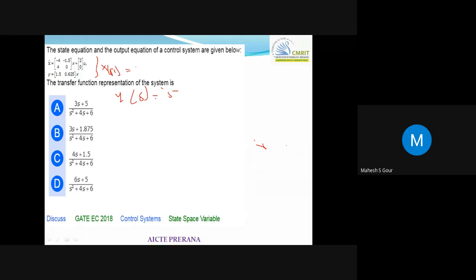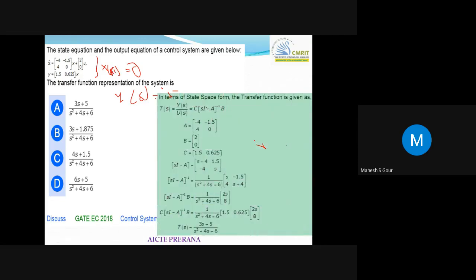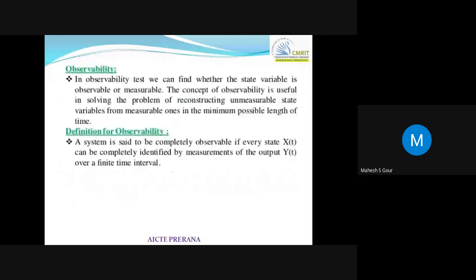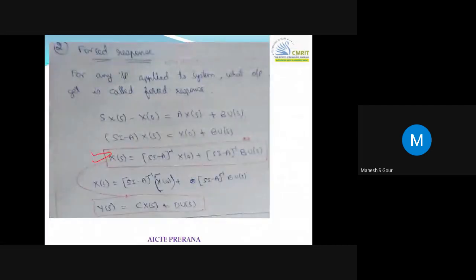What is left out will be C into (sI minus A) inverse into B. When I remove this part, what remains is X(s) equals (sI minus A) inverse B into U(s).